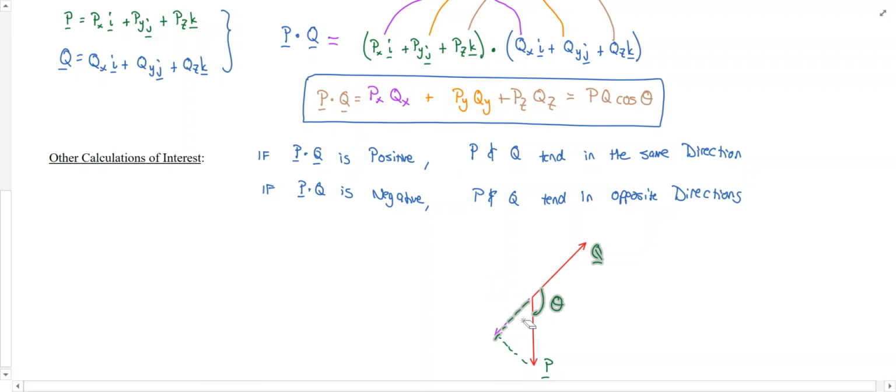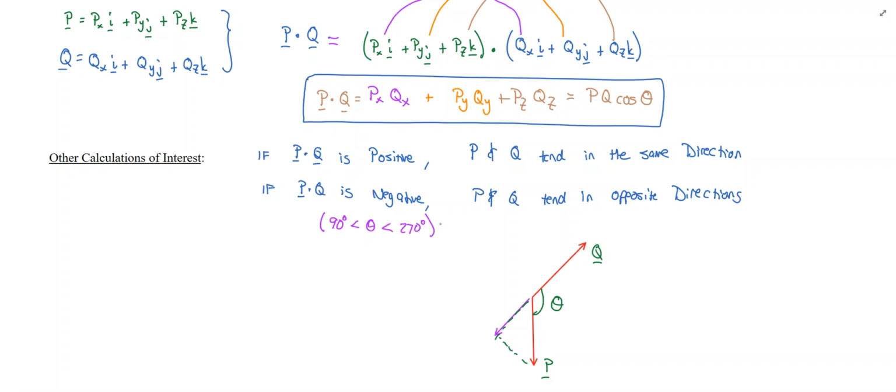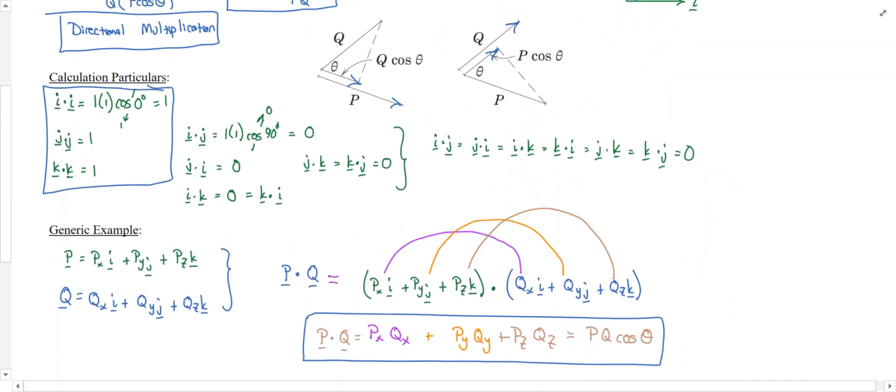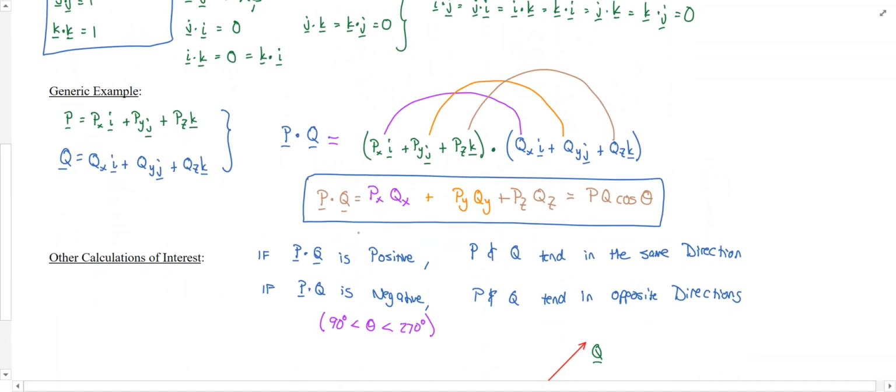So this is the opposite direction, and that's really all that means. So in that case, 90 degrees is less than theta, which is less than, I guess, 270. Something like that. So there's 180 degrees there. And in the other one, when it's the positive sense, minus 90 degrees is less than theta is less than 90 degrees.